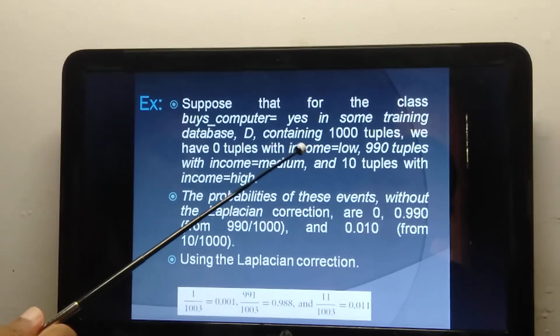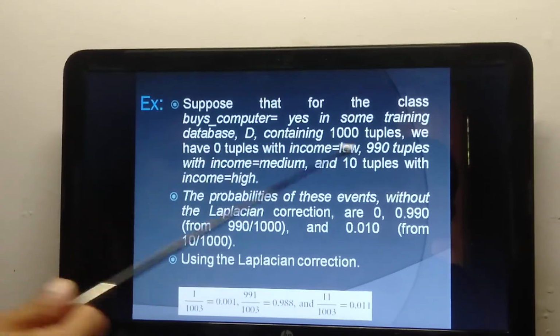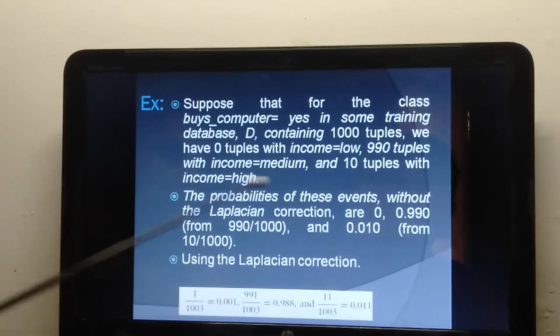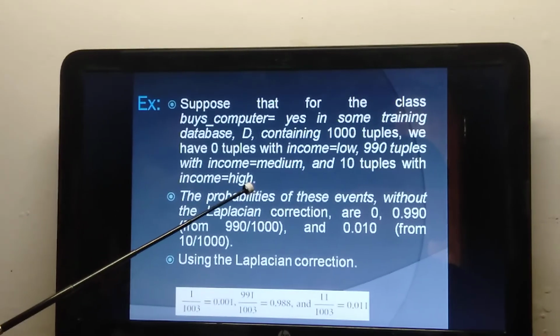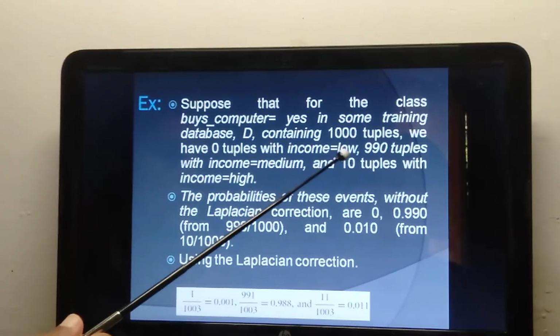So for the value of income is equal to low, there are no yeses at all. There are 990 tuples with income medium and there are 10 tuples with income high. Okay, so there is nothing for the value income is equal to low.